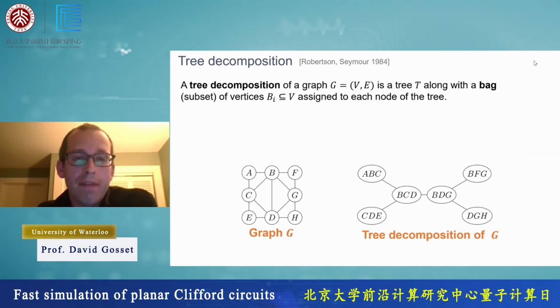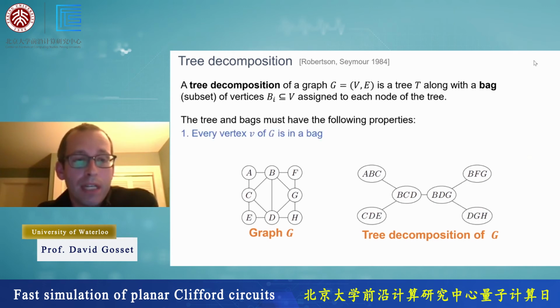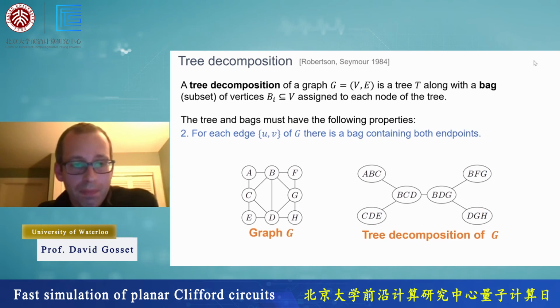And the bags have to satisfy 3 properties. Firstly, every vertex of the graph G has to be in a bag. Secondly, for every edge of the graph, there should be a bag that contains both endpoints. So for example, here, if we look at the edge BG, then indeed we find a bag of the tree decomposition that contains both B and G.